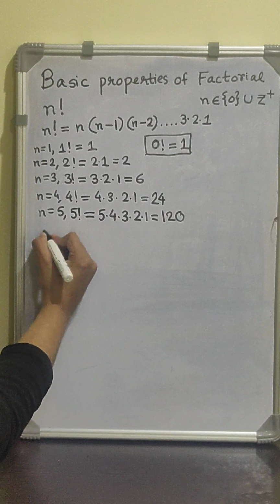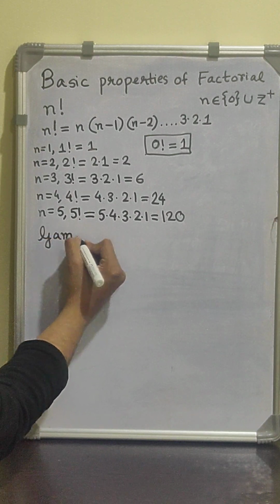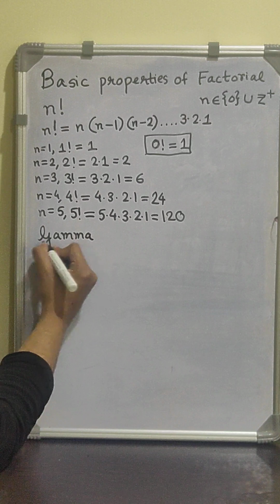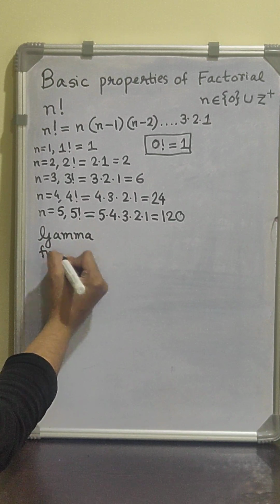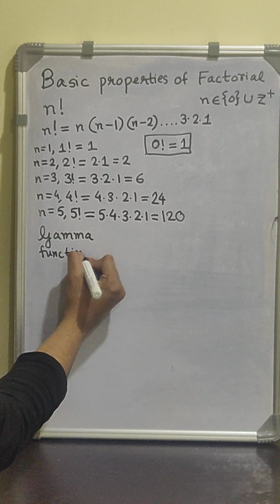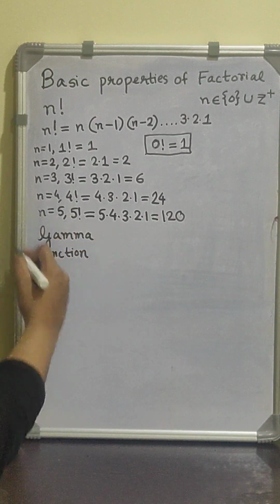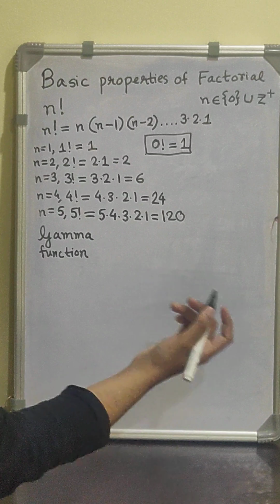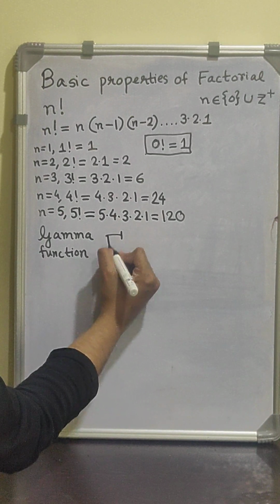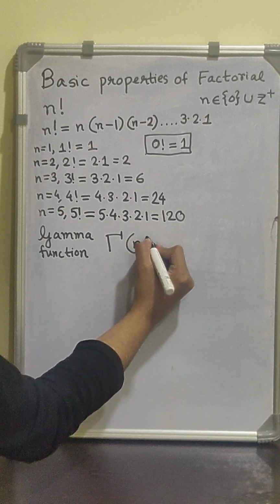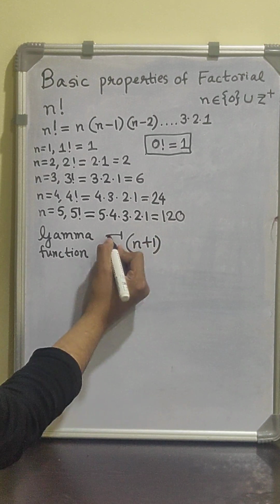So I'm going to define a gamma function. That is a very standard famous function, but I'll keep it simple. I'll not really explain the integral calculus part of the gamma function, but I'll just write down the property. So this is the gamma function.